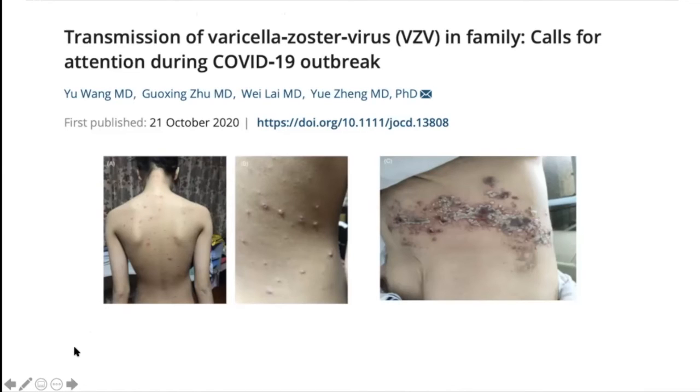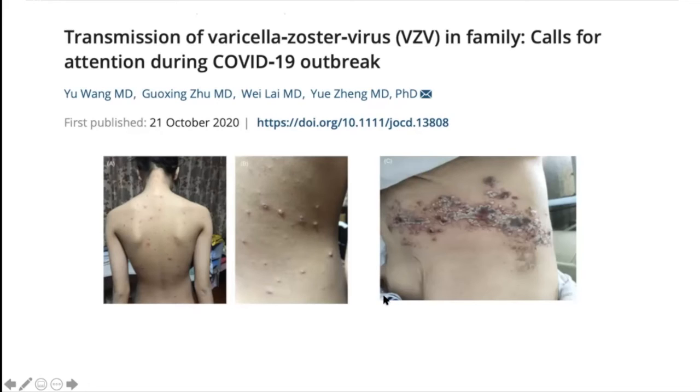during the pandemic, they noted that because children are being taken care of by other family members who are also at risk of developing a reactivation of varicella, these kids, so the first is a 13-year-old child who developed blisters, and she was living with her grandmother who was diagnosed with herpes zoster.